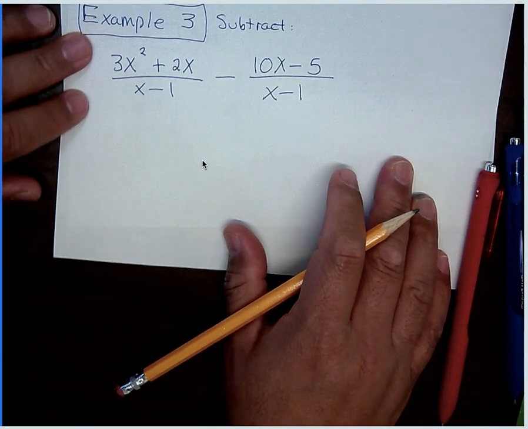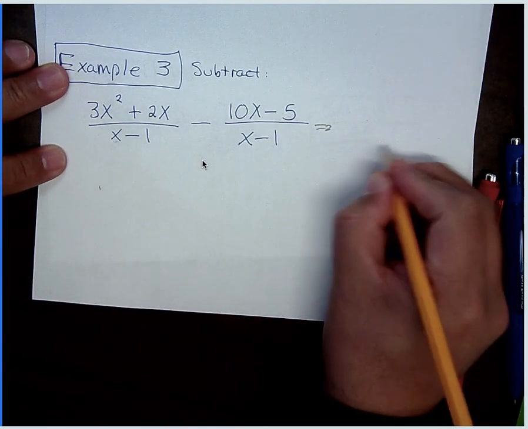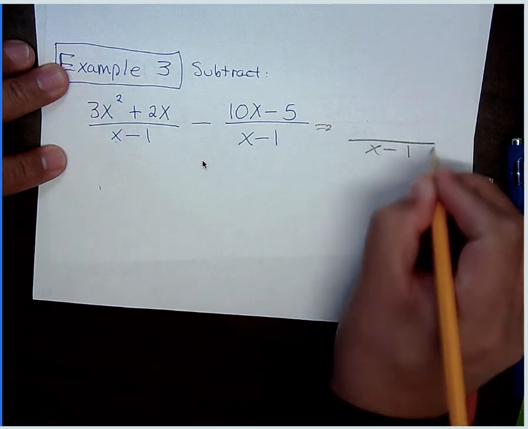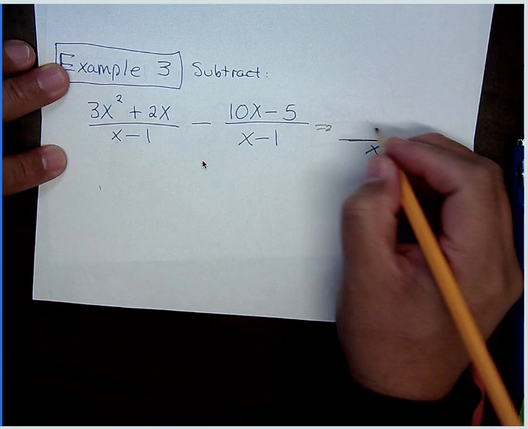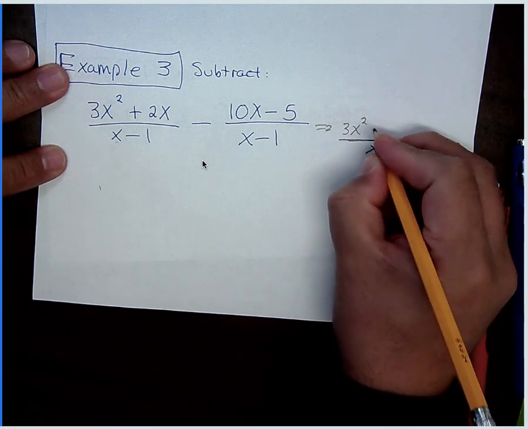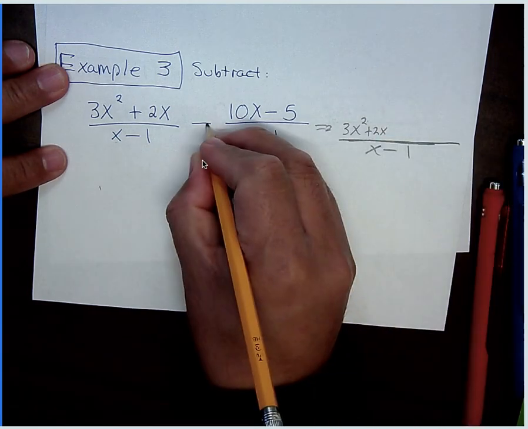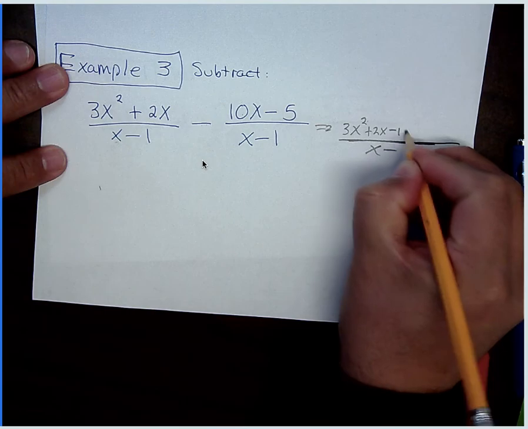Okay, the last one. Again, they have the same thing at the bottom. So let's put the denominator once. And let's do the numerator. So 3x squared plus 2x minus, so I'm going to do minus 10x would be minus 10x.